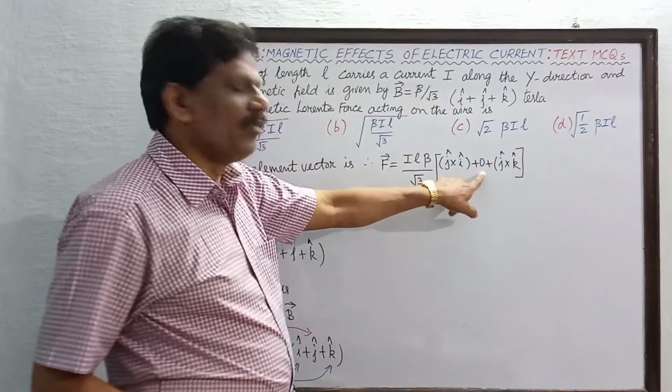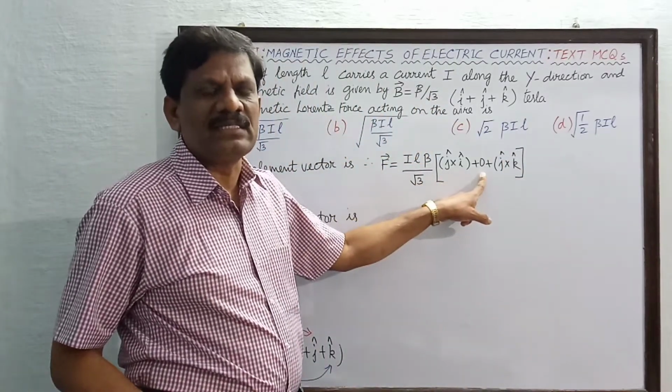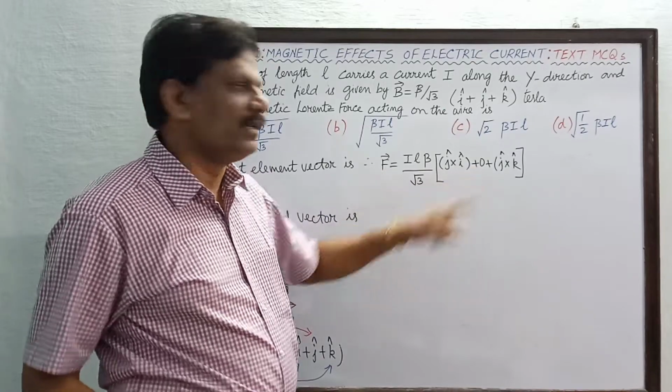Why is the second component 0? I have told you already, because j cross j is equal to 0.